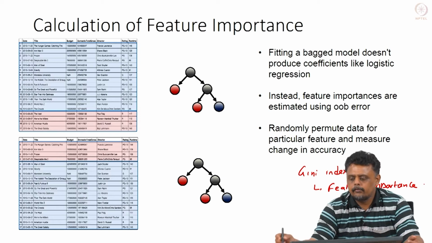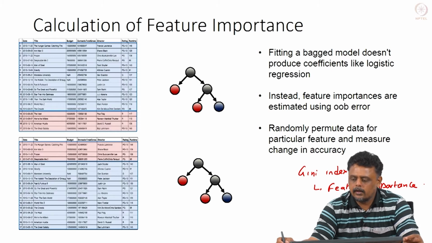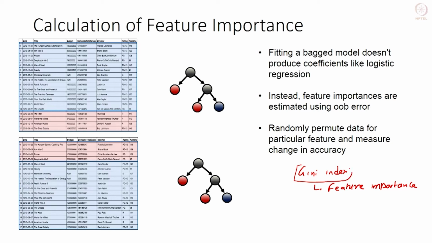So, it is the same procedure as before on the unused data set, but instead of accumulating the error, we will accumulate the Gini index change and average that over all the trees. That way it will give you a good idea of which feature is the most important.